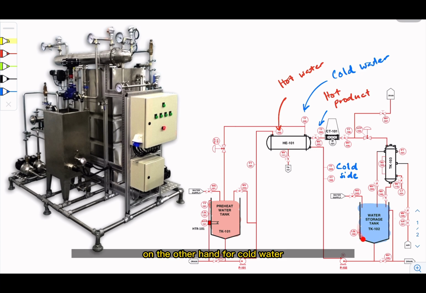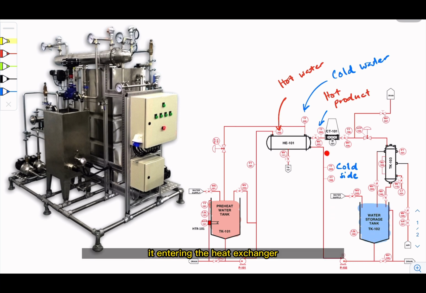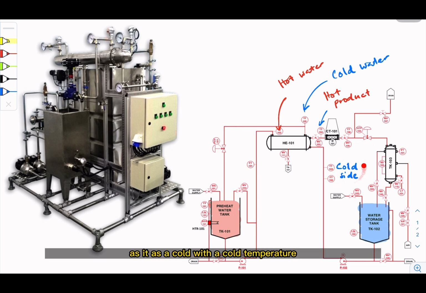On the other hand, the cool water, which is our raw product, enters the heat exchanger at a cooler temperature and exits the heat exchanger with a hotter temperature. So the line for hot product is here.